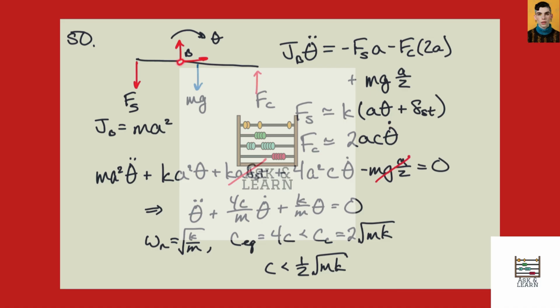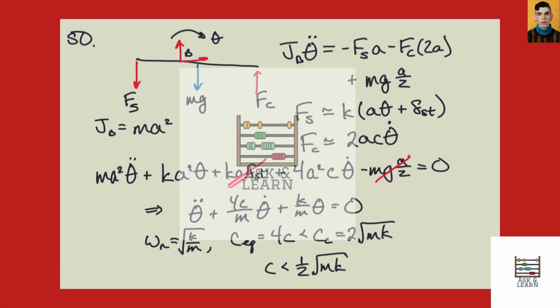So we take moments about this point, and we can figure out that the mass moment of inertia of this bar, taken about the center of mass and using the parallel axis theorem, just gives us m a squared. And so from the spring, plugging this in here, we get this term and this term. From the damper, we get this term, and from gravity, we get this term.